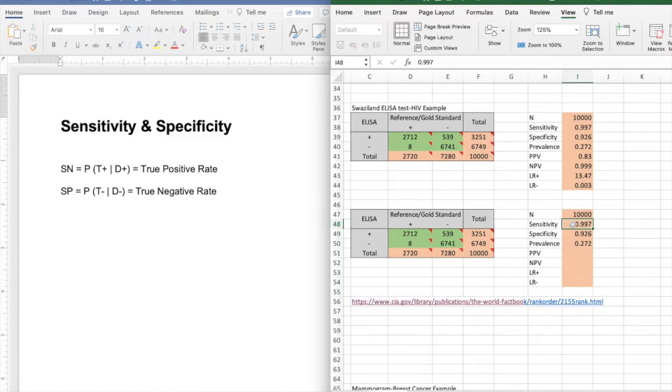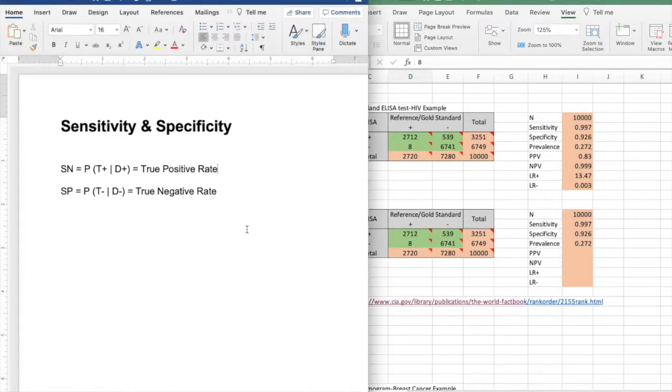So we know that we're going to have some false positives and some false negatives. Not everybody who tests positive on the ELISA test actually has the disease. Not everyone that tests negative on this ELISA test is clean. So we can't dichotomize these things. It's more about probability.